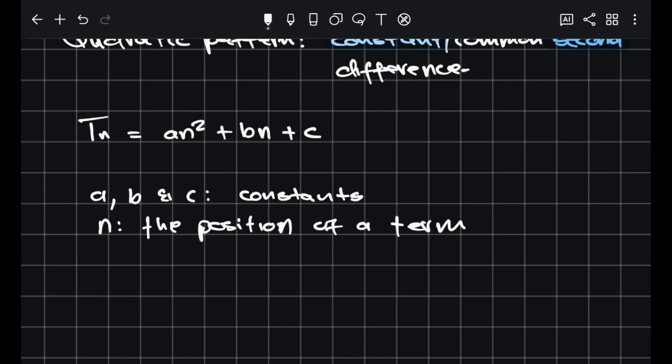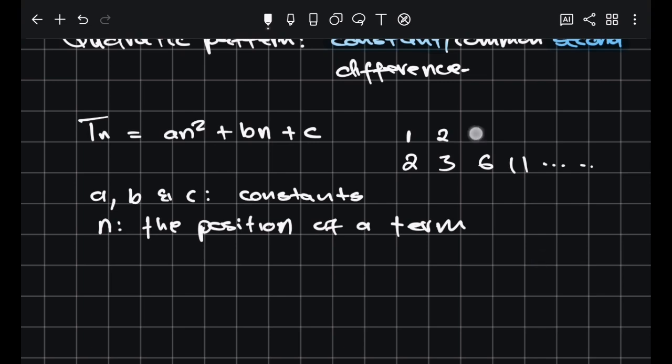Let's take this example: 2, 3, 6, and 11, and so on, because it doesn't end there. If you look at 2 right there, 2 is in position 1 in this pattern, and 3 is in position 2.